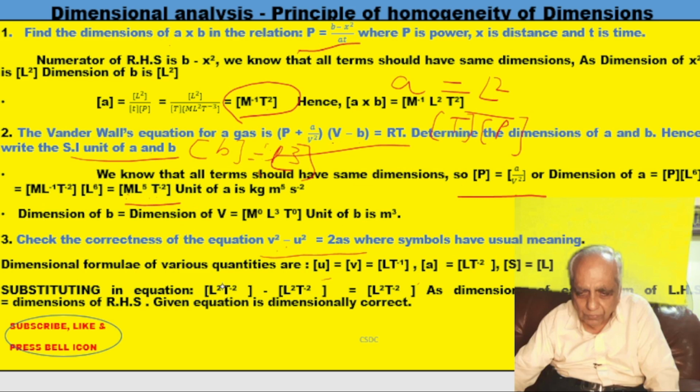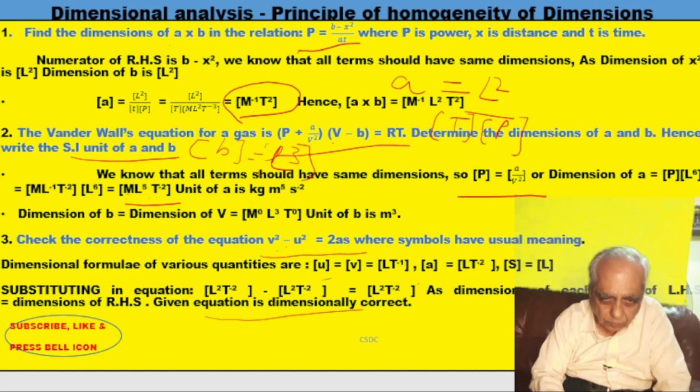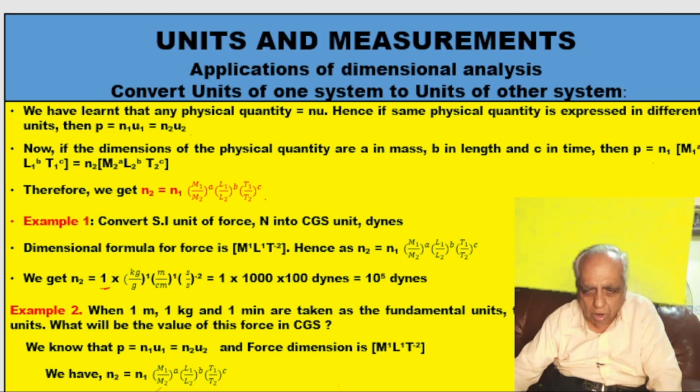Okay. So now we will use dimensional analysis to convert from one system of units to another system, like the SI system to CGS or vice versa, or some new type of systems which are given to us. So we have learnt in previous classes that N1 U1 equals N2 U2.